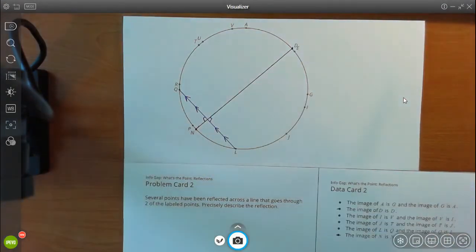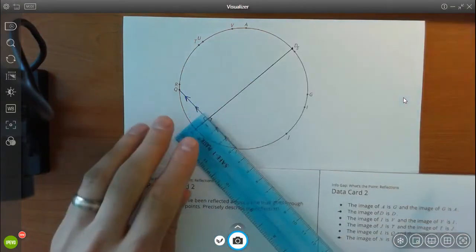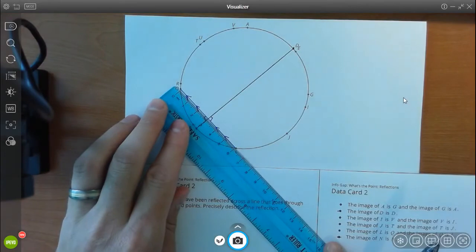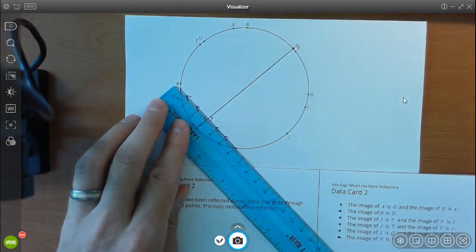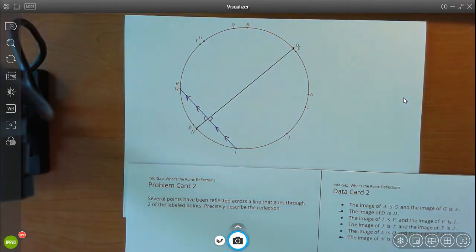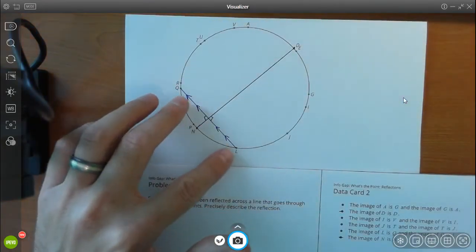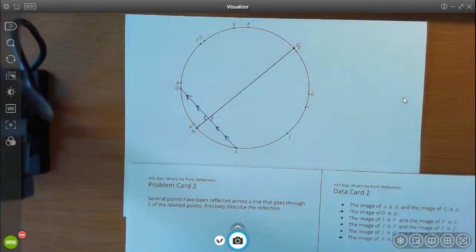And we could even measure these two segments. This segment is 3 centimeters. This segment is 3 centimeters. So they're both equal distances to the line of reflection, and also the line connecting them is perpendicular to our line of reflection. So let's check that with a couple of other points.